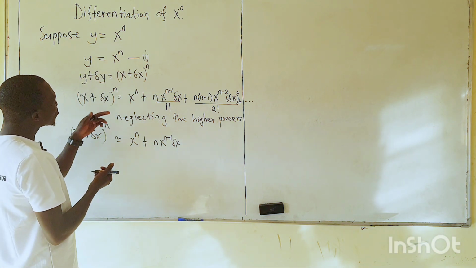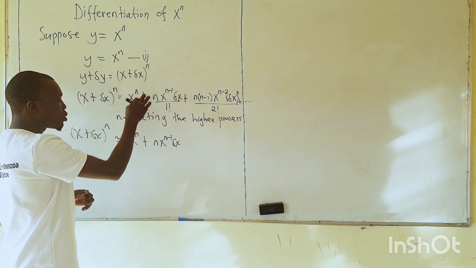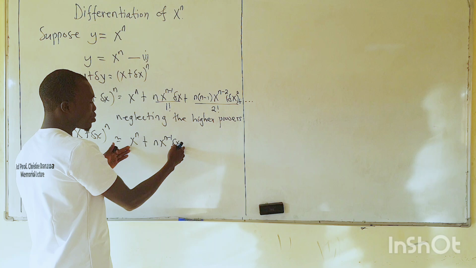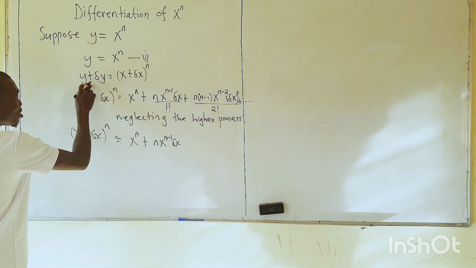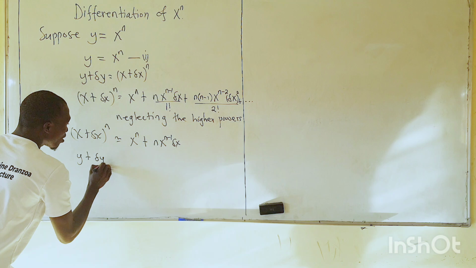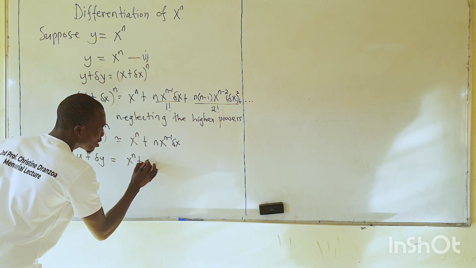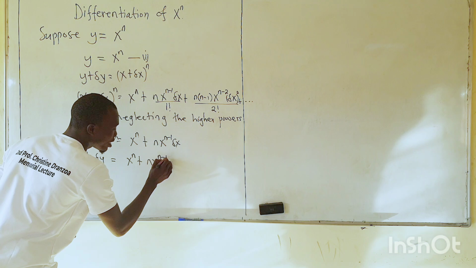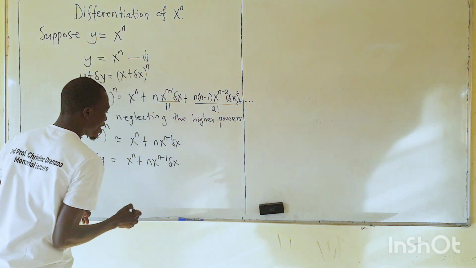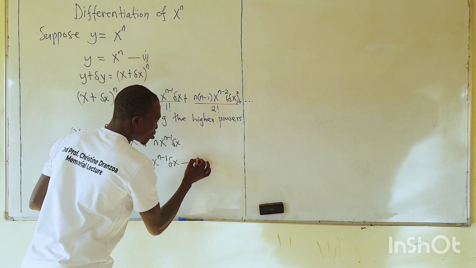So for the right-hand side, we shall replace it with what we have here. It means this equation will become y plus delta y is equal to x^n plus n x^(n-1) delta x. So this equation will become our equation 2.